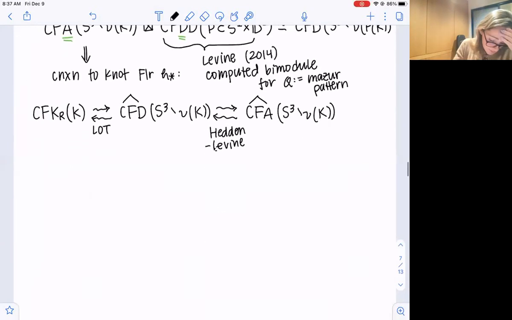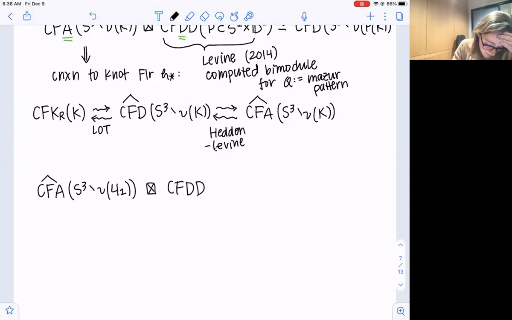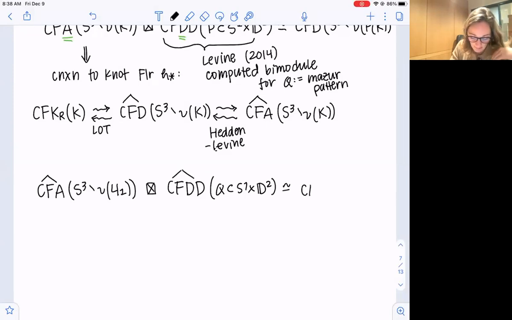And so we'll claim we're going to take the type A structure of the figure 8 knot, box tensor it with the type DA structure of the Mazur pattern, and I will get the type D structure of the satellite knot as I require.